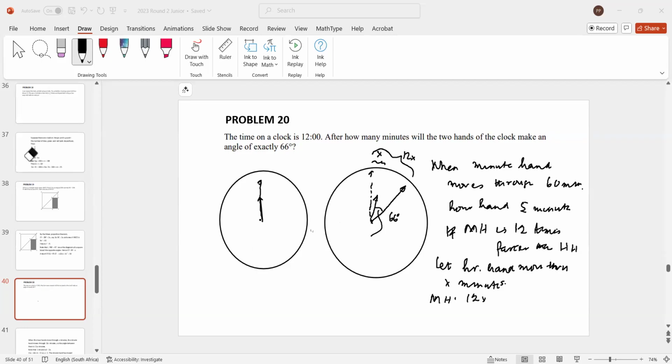So the angle between them is 11X minutes. So 11X minutes is 66 degrees.